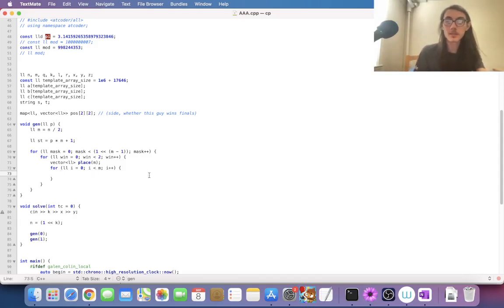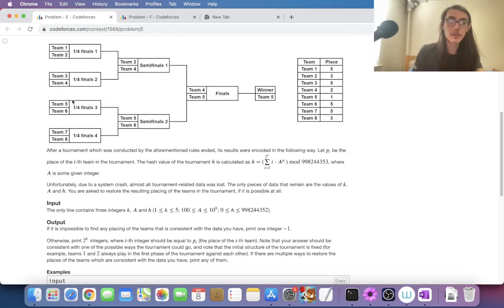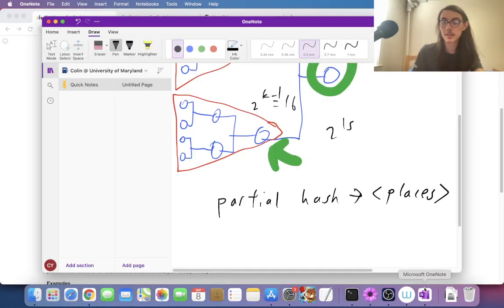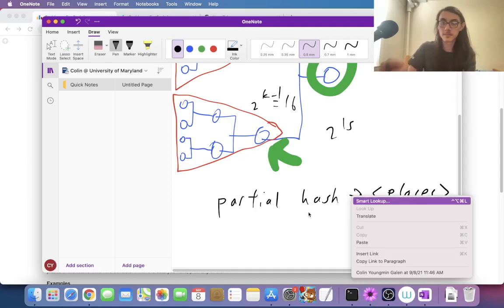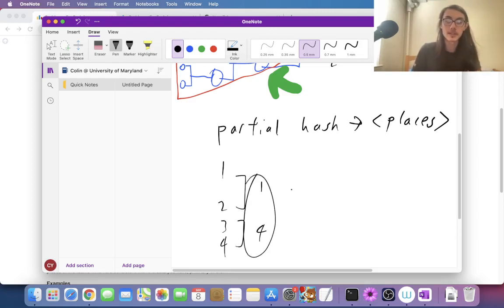So here, I'm going to initially say the vector spot is the current people that are in each position. So initially there's like 1, 2, 3, and 4, for example. Then maybe 1 wins and maybe 4 wins. So now this is the vector's spot. So then the first 2 indices are what matters.